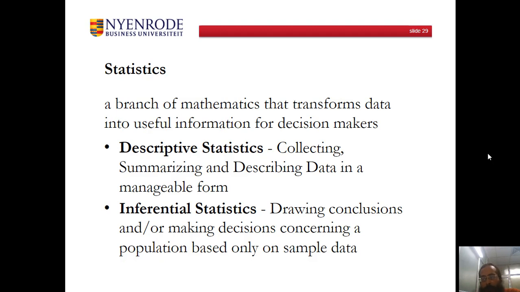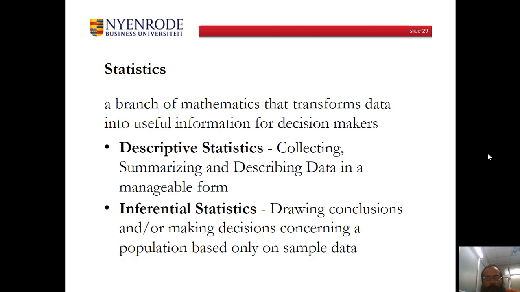If we broadly classify statistics, although this is a vast field, for you what is relevant to know is two types. First, descriptive statistics, where we deal with a summary of the data, describing the data in a manageable form, where you are not interested in doing complex correlations or finding which factor is impacting what.